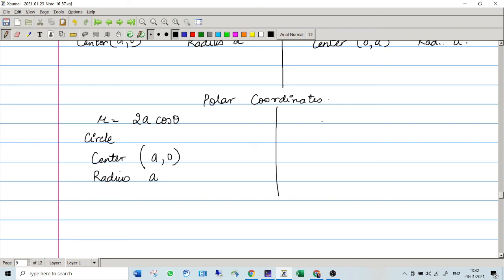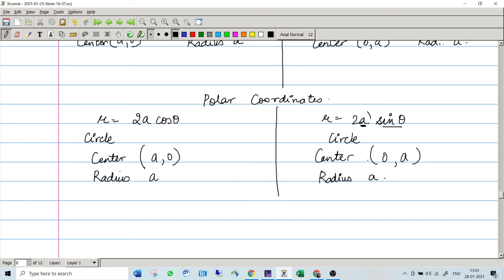And if you have r is equal to 2a sine theta, then it's going to be a circle with the center on the y-axis. If it is sine, then the center will lie on the y-axis, meaning x is equal to 0 and y is going to be this a. Remember, you have to make it in terms of 2a. So when you have 2a, the center is going to be either a comma 0 or 0 comma a, depending upon whether you have cos or sine, and the radius is going to be a again.